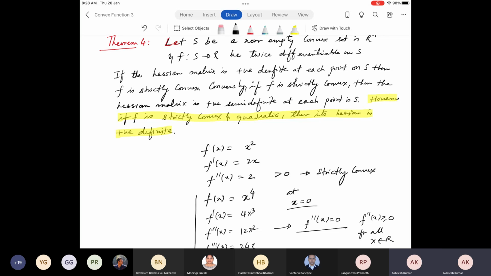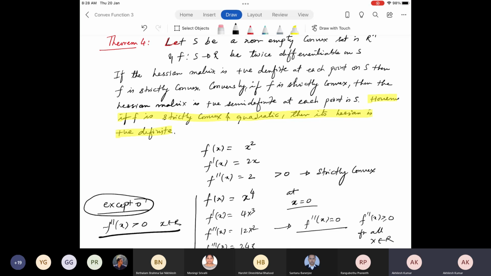Am I making sense, guys? Yes, sir. Except at 0, f''(x) is greater than 0 for all x belonging to R. There is only one point, x equals 0, where it is losing its positive definiteness.